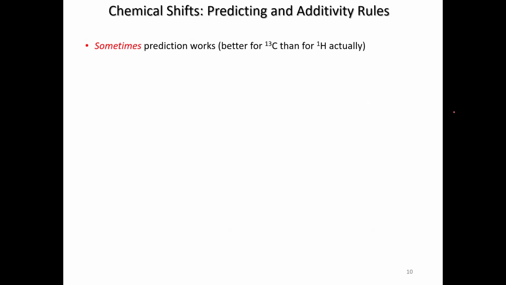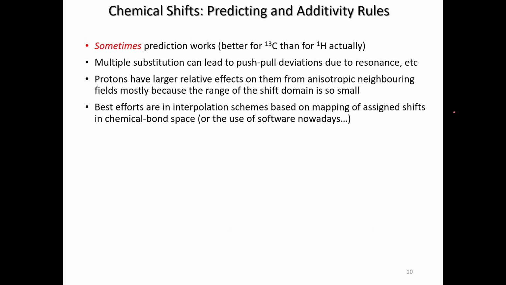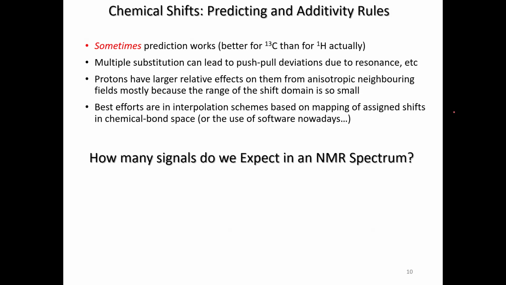Before doing the exercise, let's recap. You can predict where signals should go based on the functional groups you have around, which make protons more or less deshielded. You can have multiple substitution. Remember, the effects add to each other. Like before, you saw two bromides, which is double the amount of pushing in one direction. You can interpolate, but it's very good to understand.